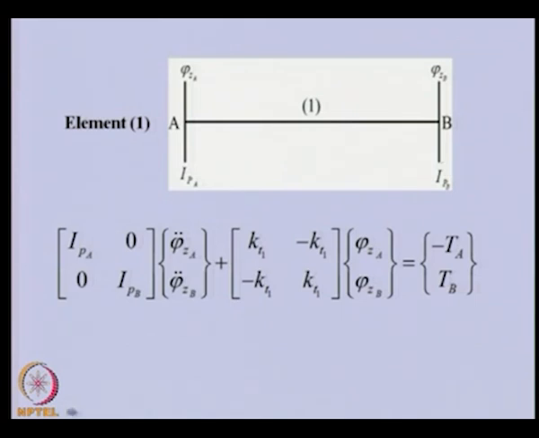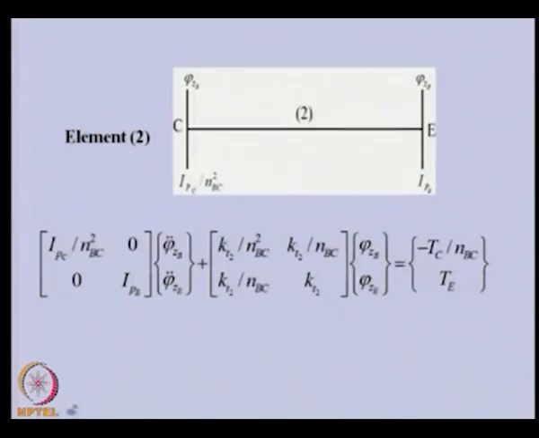Similarly, we can write the elemental equation for element 2, but here, instead of phi ZC, we are considering phi ZB, because gears C and B are connected and related by the gear ratio. So directly we are replacing that particular angular displacement.